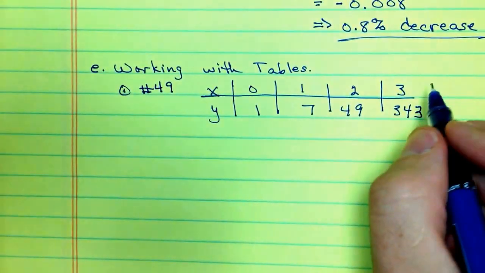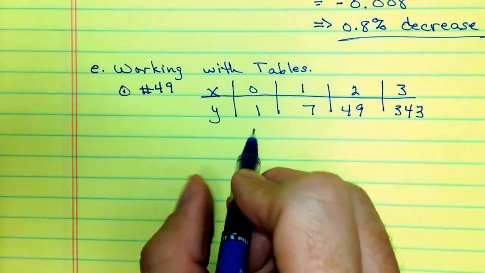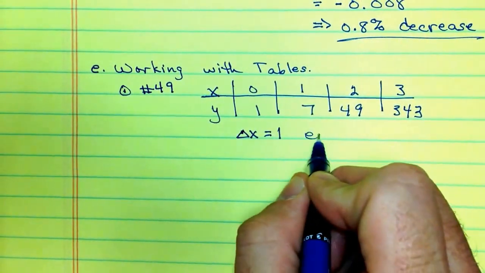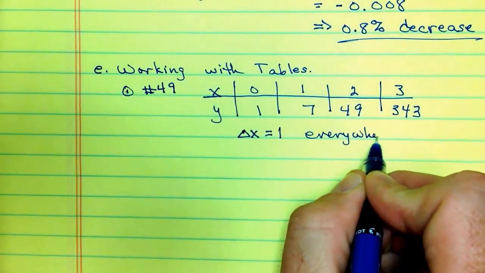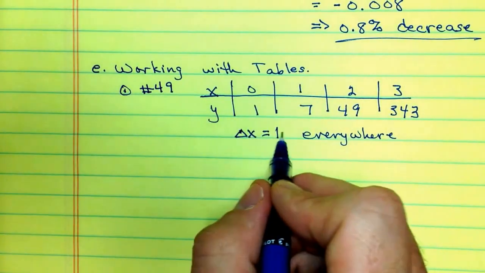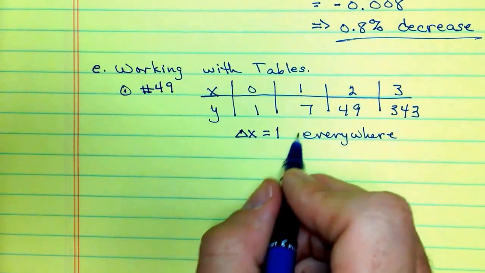First thing you want to look at are the delta x's. Here we have a consistent delta x, so delta x equals 1 everywhere. Because if delta x isn't the same, we have to think a little more. Now we want to look at the quotient of consecutive y's.